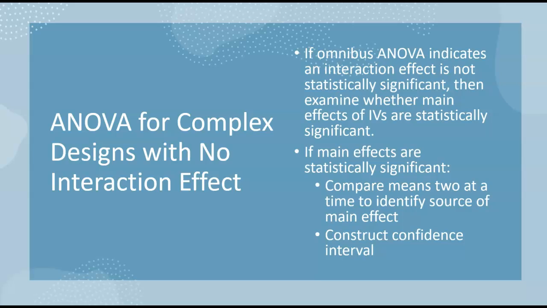If I had 3 age groups and then sex broken down into 2 groups, let's say that I found a non-significant interaction effect, then I could directly interpret the main effect for age and the separate main effect for sex on my dependent variables. I would then compare means 2 at a time to look at the source of any significant main effect and construct the confidence intervals to have an assessment of precision.